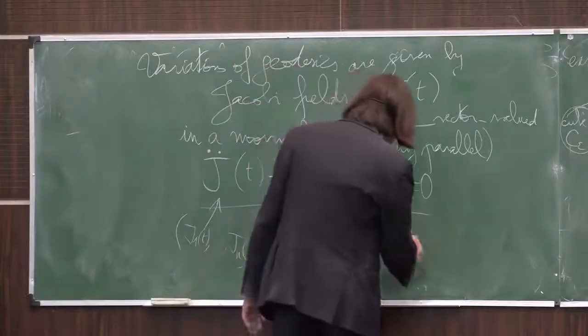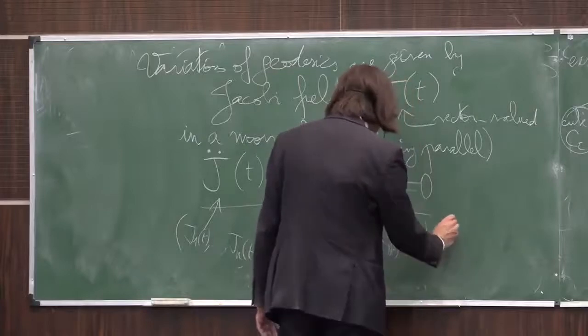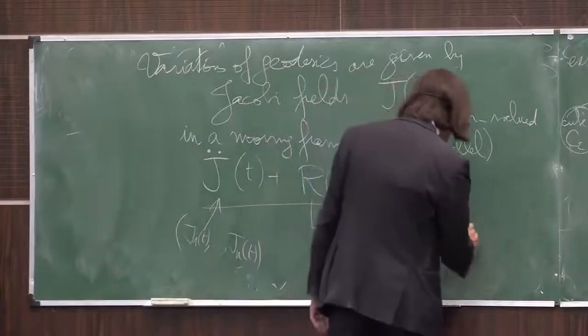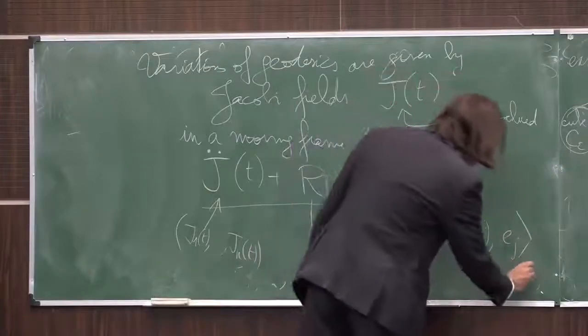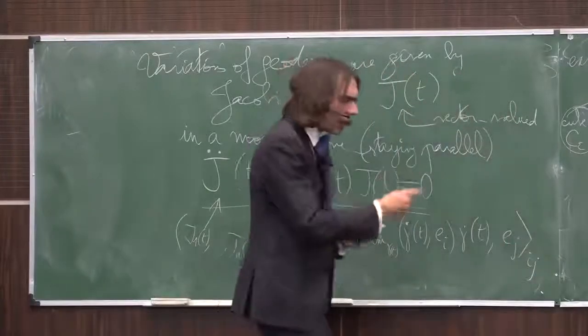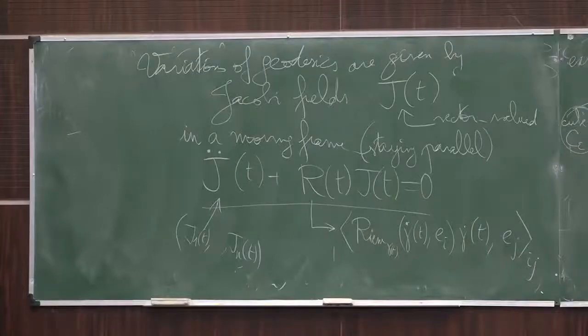And you apply it to gamma dot of t, e_i, gamma dot of t, e_j. Well, and this is the coefficient ij of the matrix. So it's a matrix whose coefficients are computed using the Riemann tensor. And here is the equation.